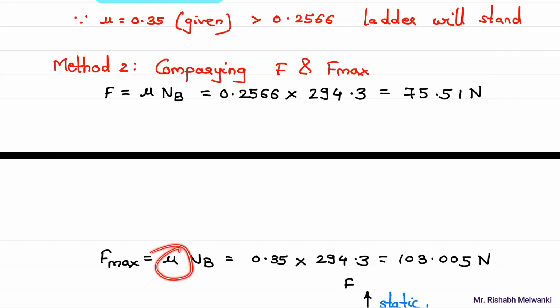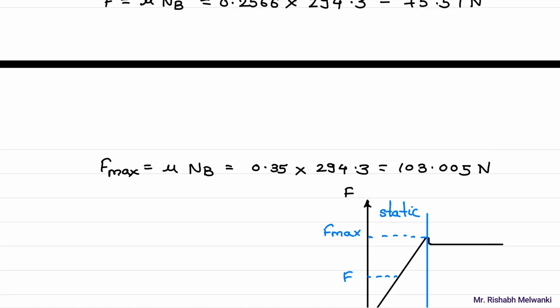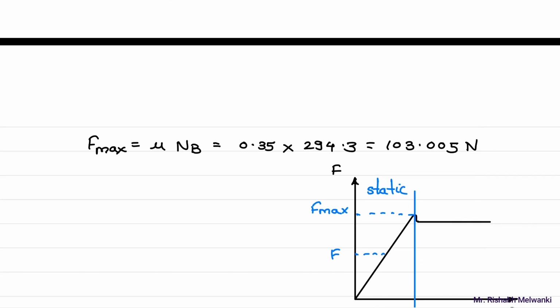But since the mu value is greater than that in the actual case, this is the F max value which is there. If you compare F and F max, F is less than F max. So from here also we can conclude that the ladder will stand. Since F is less than F max, the ladder will stand.